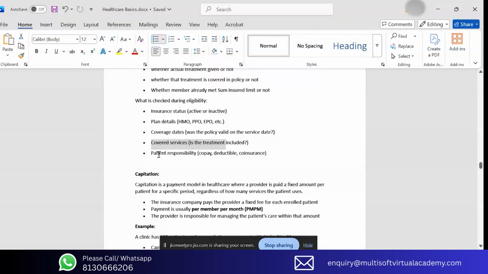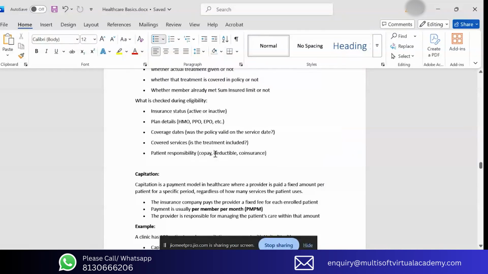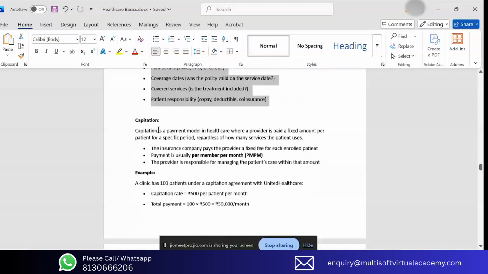Next is the patient's responsibility: how much premium we need to pay, the copay amount, the deductible, and the coinsurance percentage. All those things are taken into account in an eligibility check.